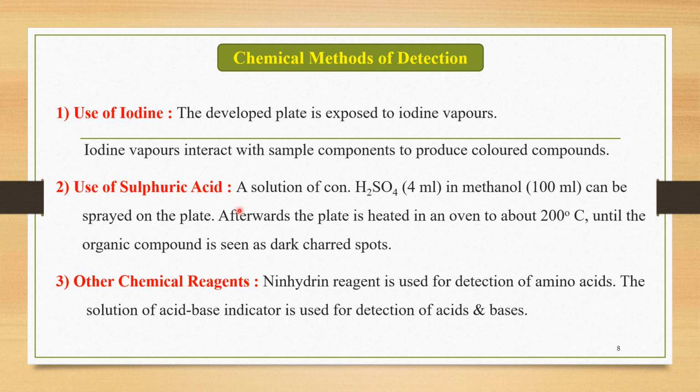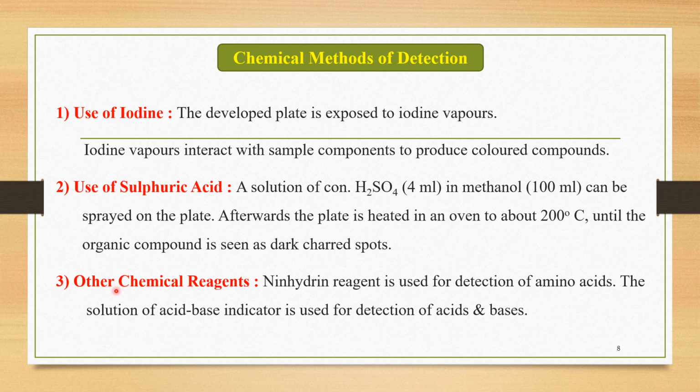So we spread that solution on the glass plate, then heat the plate in an oven at about 200 degrees centigrade, and at that time dark charred spots develop. So this is the second important method for detection of the sample spots.